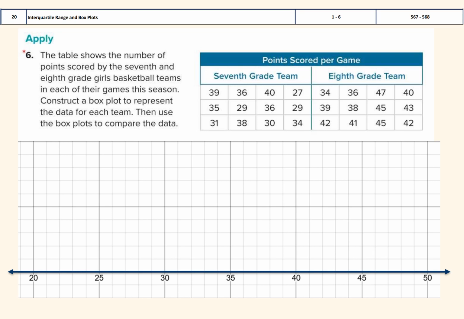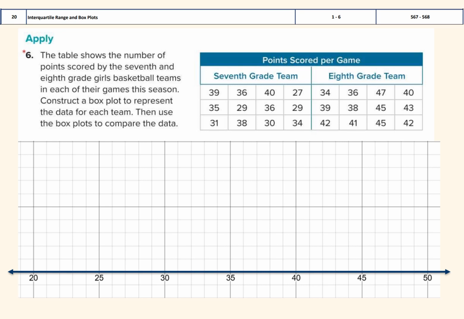So let's start with the values that I got previously for the 7th grade. I found that Q1 is going to be 29.5. So let's find the 29.5.